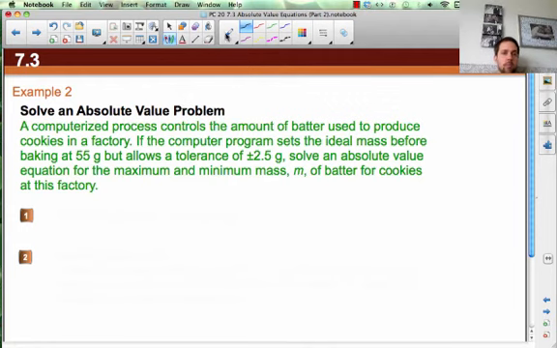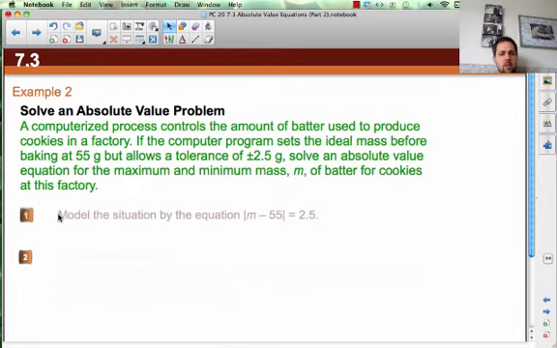The maximum and minimum mass, okay. So we know they're going to be 55 grams, but they can be up to 55 plus 2.5 or as low as 55 minus 2.5. Okay? So the mass of the cookie is represented here.